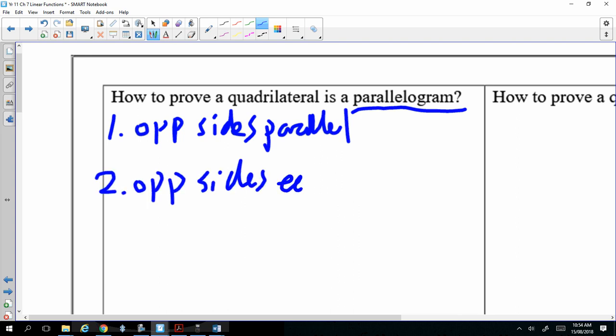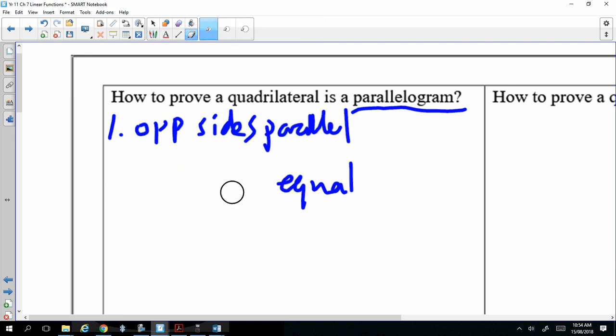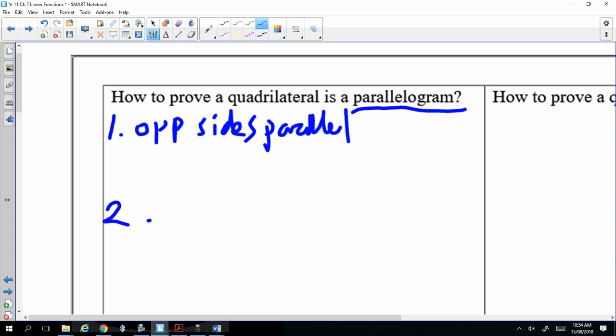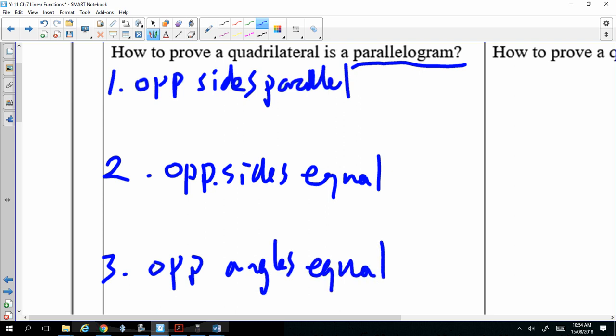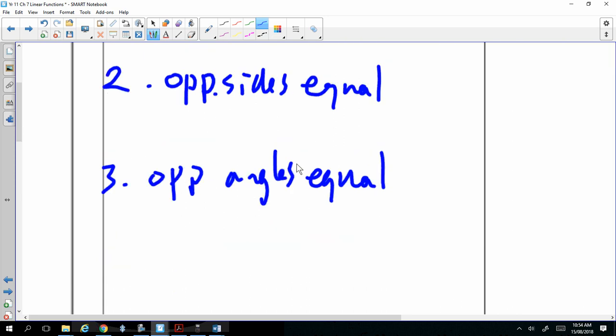Actually, I want to leave some space there because I want to relate that to this topic. So if you can leave a line. Opposite sides equal. And then there's another: opposite angles equal. And what else is there? And then the 4th one is diagonals bisect each other.